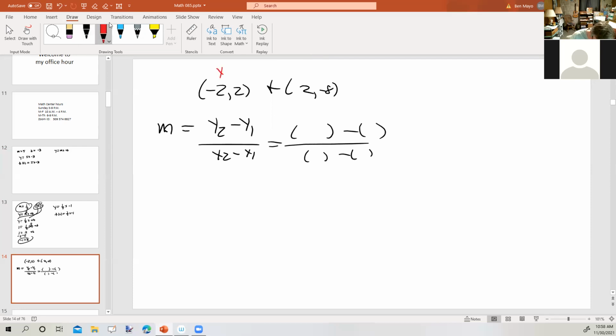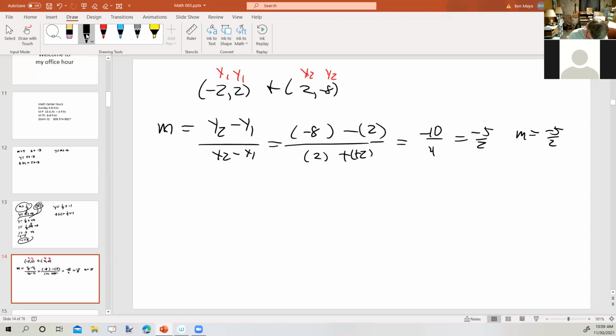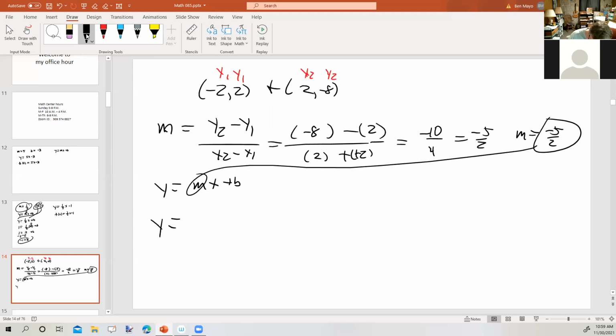We'll call this x1, y1, x2, y2. y sub 2 is -8, y sub 1 is 2. x sub 2 is 2, x sub 1 is -2. -8 minus 2 is -10, 2 minus -2 is 2 plus 2 or 4, which reduces down to that. So the slope is -5/2. So that goes in there.